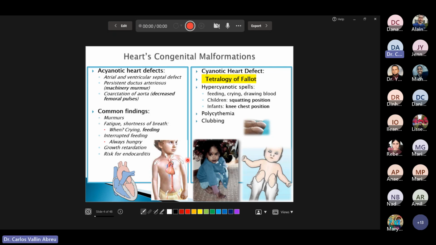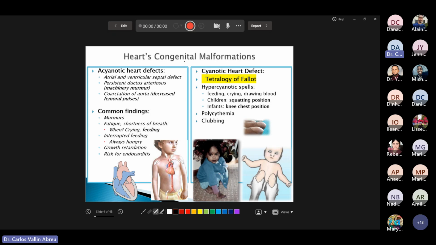You don't need to be, as an entry-level nurse, an expert in congenital heart malformation, because it's practically a specialty. But you need to have a general idea. If a baby is born with a damaged heart, let's use this term, which is not very appropriate, but it's easy to understand, a not perfect heart, a congenital malformation.